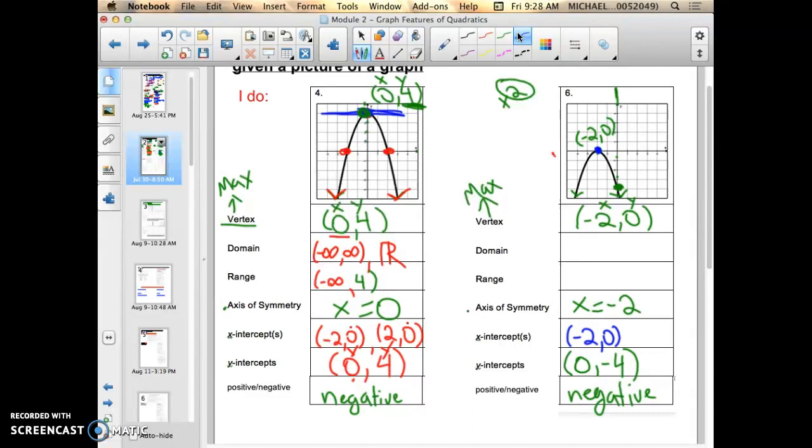But because this bounces, and we're going to talk about this more in Module 4, it bounces off that point. Technically, there is still 2 solutions, so this technically means that negative 2 has a multiplicity of 2, and you do need to write the multiplicity of 2. All that is saying is that negative 2 is the solution twice for this parabola. It exists twice as the solution because it bounces off at that point.